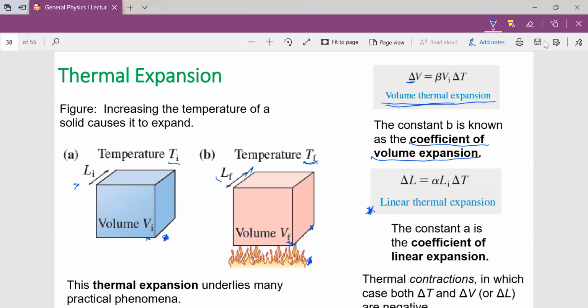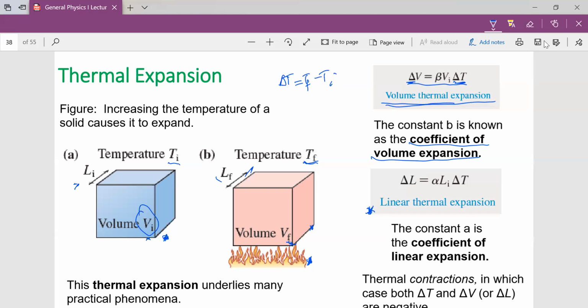So the coefficient of volume expansion multiplied by the initial volume and the change in temperature, that is the change in T, you know what that is, will be T final minus T initial, okay? So the product of those three will actually give us the quantifiable value that we're looking for, which is the change in volume.